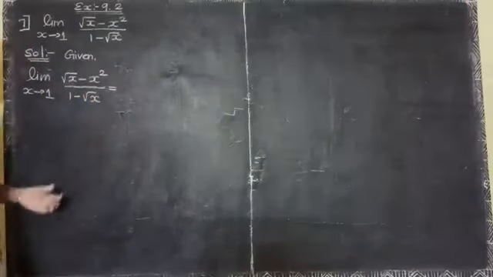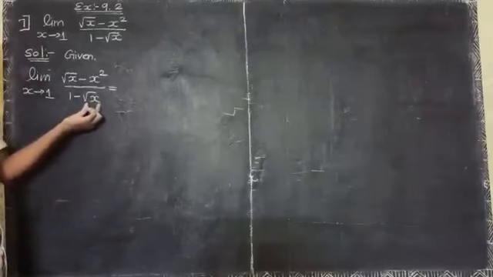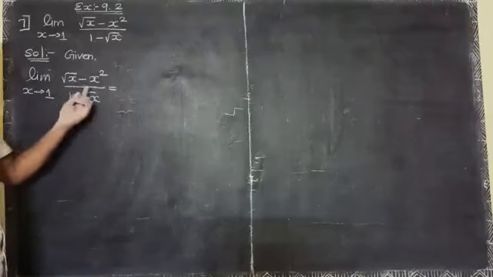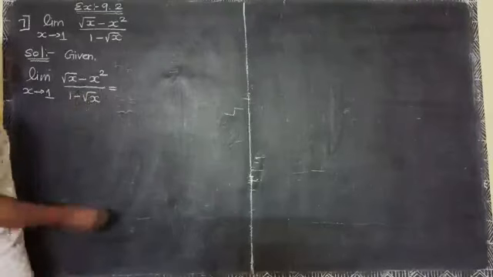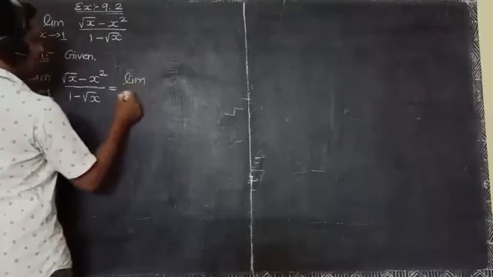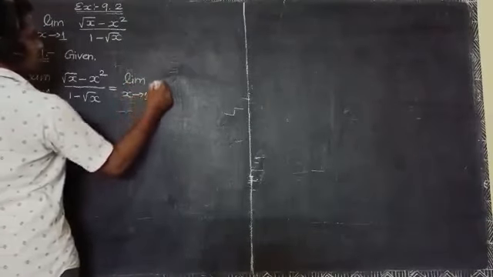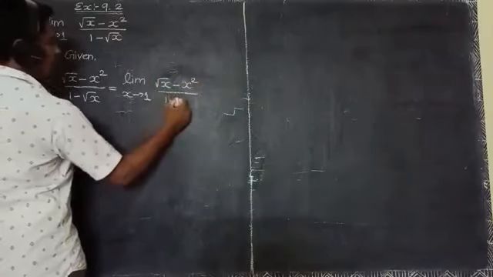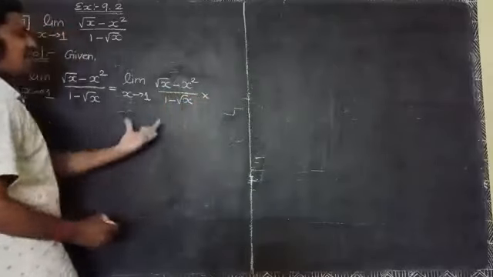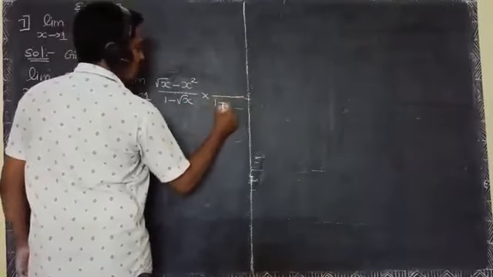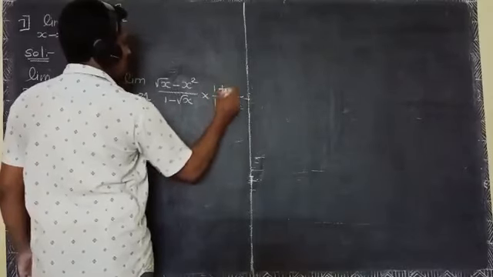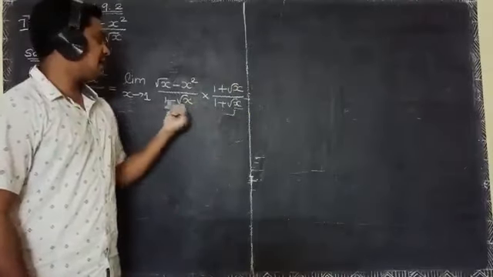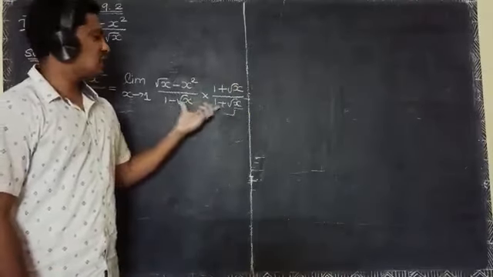The denominator has a square root of x, so take the conjugate of the denominator, that is 1 plus root x, and multiply the numerator by 1 plus root x as well. The denominator is in the form a plus b into a minus b, which can be written as a square minus b square.